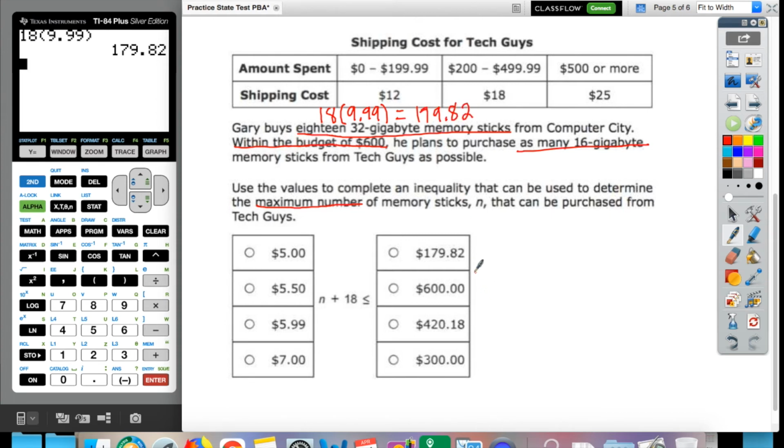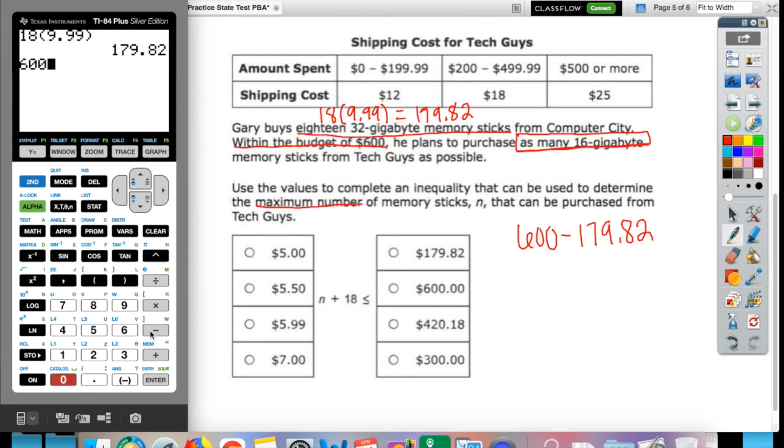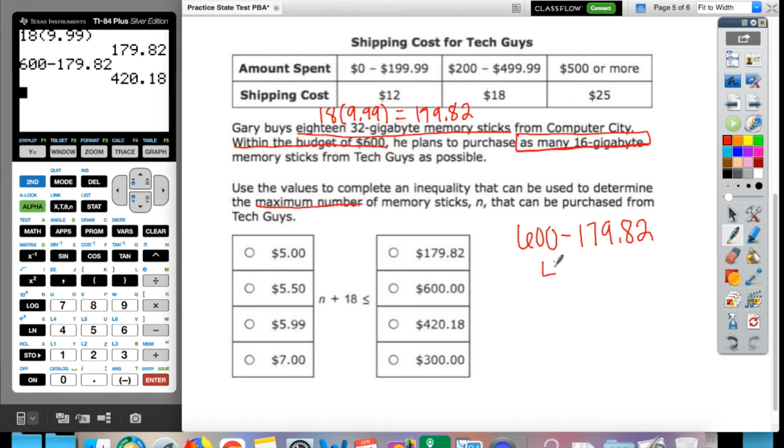So how much does he have left to buy 16 gigabyte memory sticks? Well, he has a budget of $600. If he already spent $179.82, we can figure out what that's going to be by just subtracting. So 600 minus what he just spent, and he has $420.18 left.